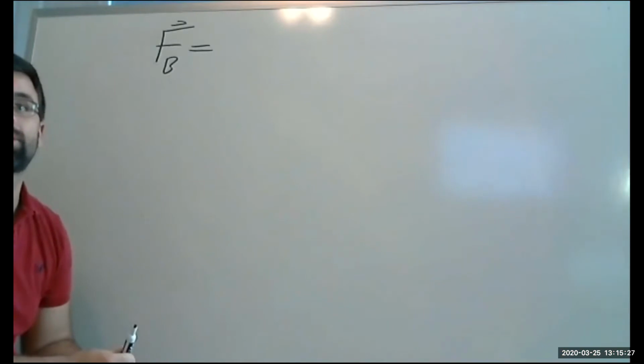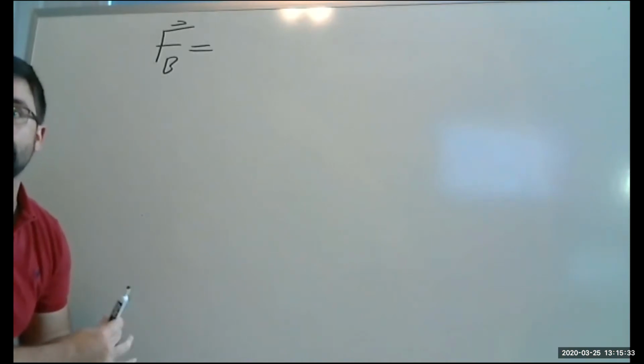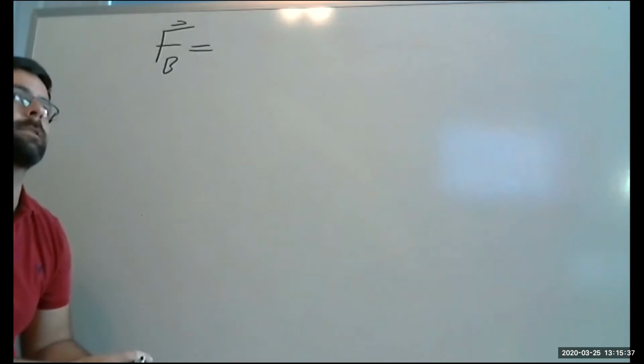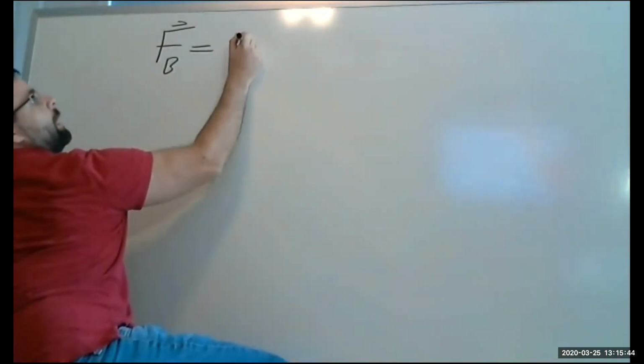So there were two different versions of it. One was on a single charge, and one was on a current. Is it E equals F over Q? No. Is it Q times V? Is it QVB sine? Yeah.